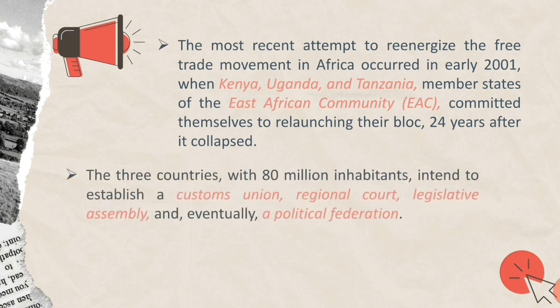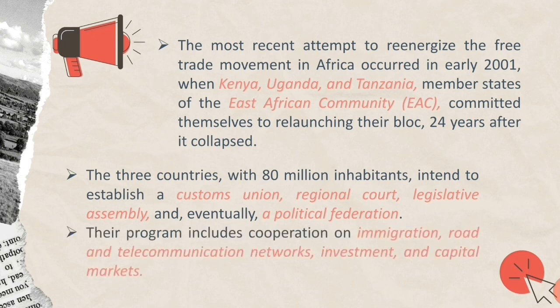The three countries, with 80 million inhabitants, intend to establish a customs union, regional court, legislative assembly, and eventually a political federation. Their program includes cooperation on immigration, road and telecommunication networks, investment, and capital markets.